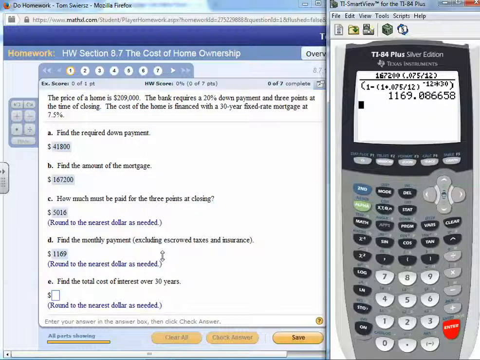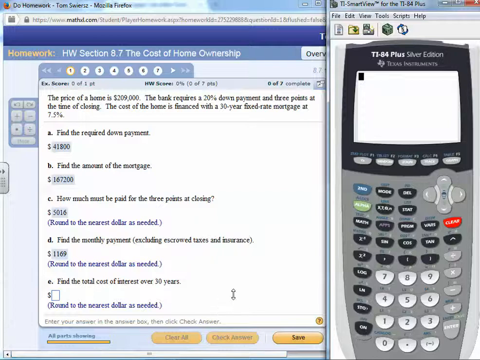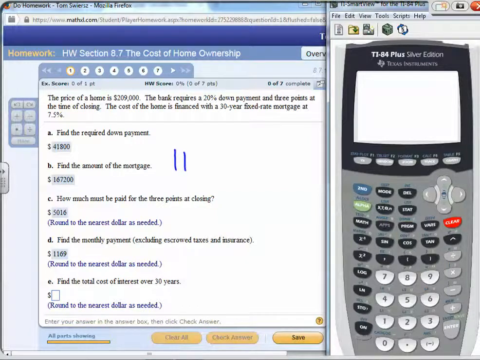Okay? Now, find the total cost of interest over 30 years. We're going to use the rounded number, so you have to do this on the calculator. Don't use bankrate.com for the amount of interest, because it's going to be off by a little bit since they use the exact value. To find the cost of interest, we're going to take our monthly payment, which was rounded to $1169, times 12 times a year times 30 years.